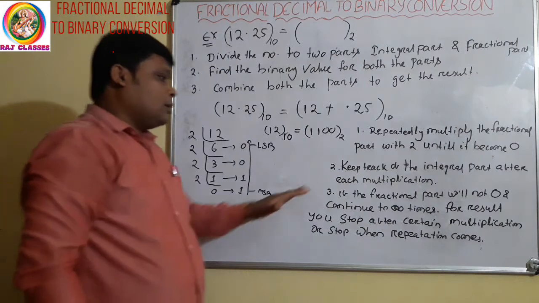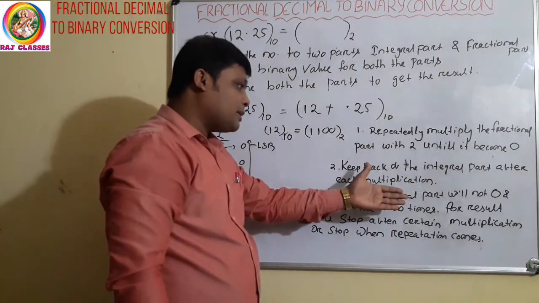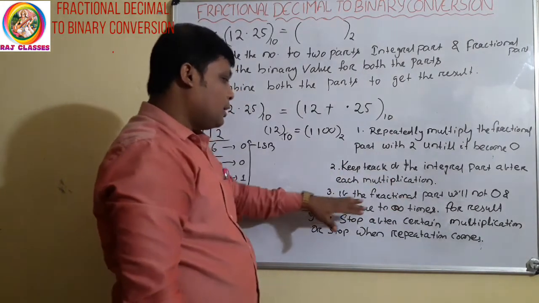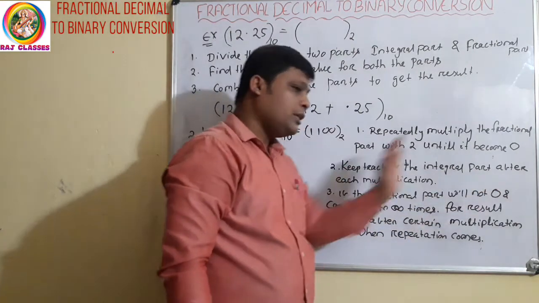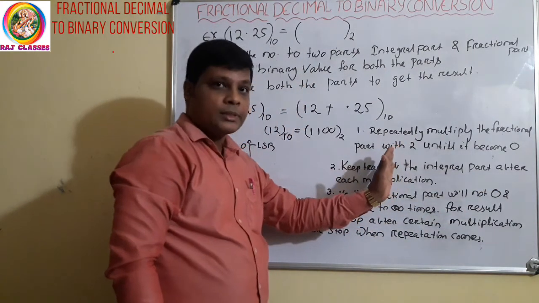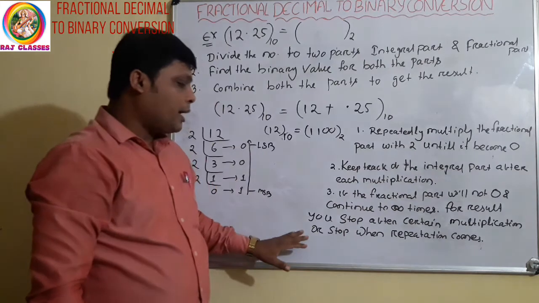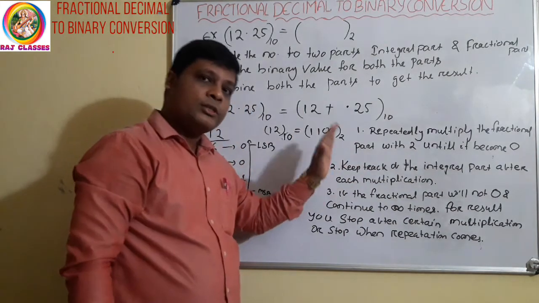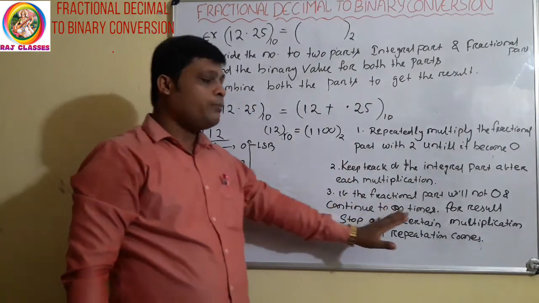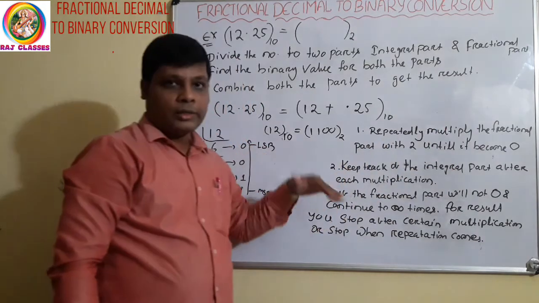Clear? If you multiply the fractional part with 2 and it continues infinitely, you stop when the repetition comes, otherwise you stop after a certain number of multiplications.